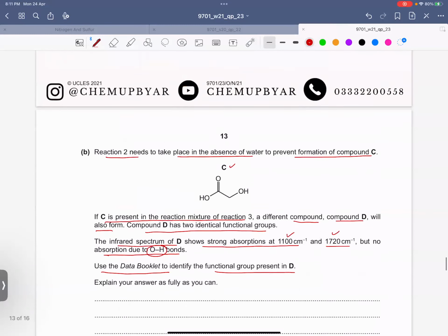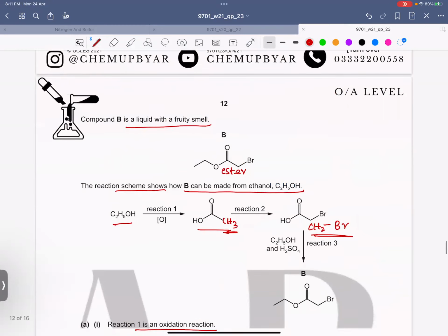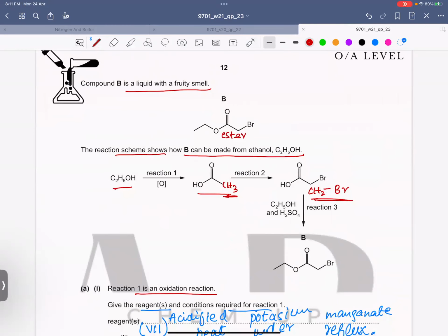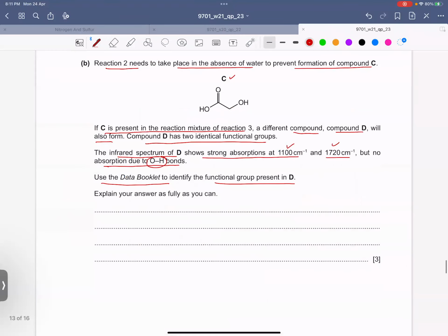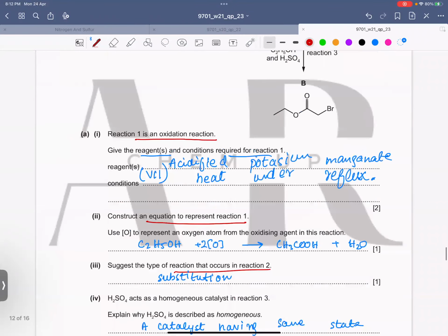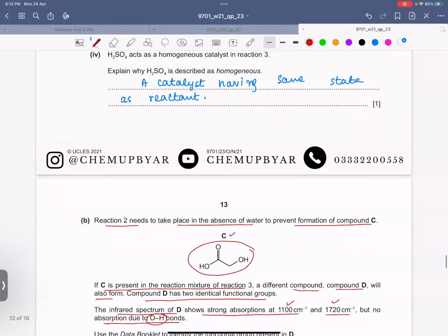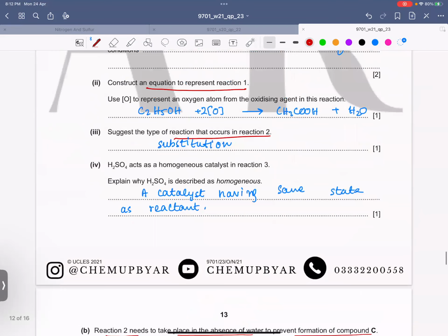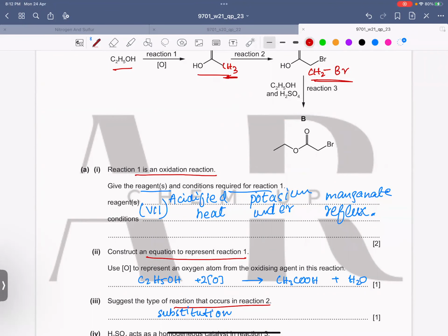So if you see reaction 3 first, in reaction 3, we have this compound, and if we have this compound over there, obviously instead of B we are going to get a different compound D, because we have OH present over here.